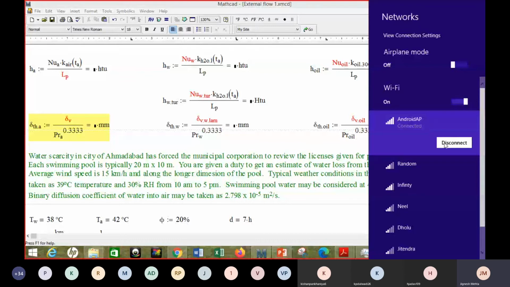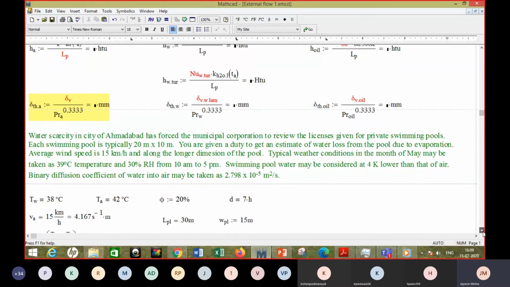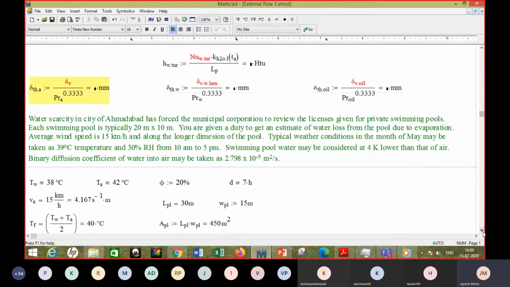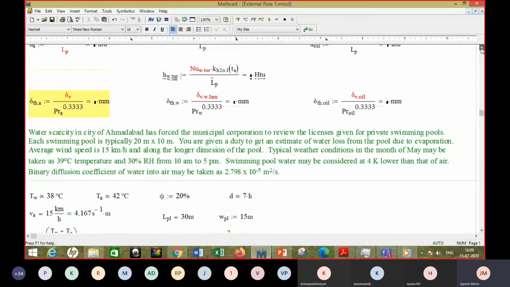So this is the problem of convective mass transfer, and it has been presented as a practical problem here.